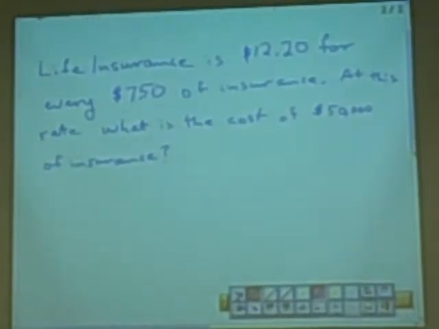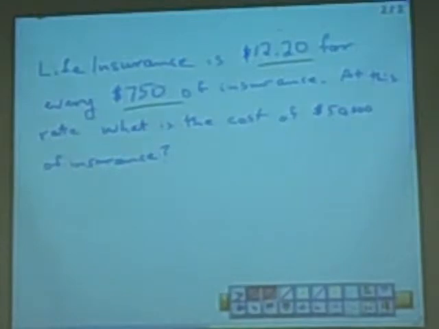So remember I was telling you before that when you're writing ratios down, you want to put what you've got in the numerator and what you have in the denominator. In this case, we have a ratio of 12.20 for every 750 of insurance.